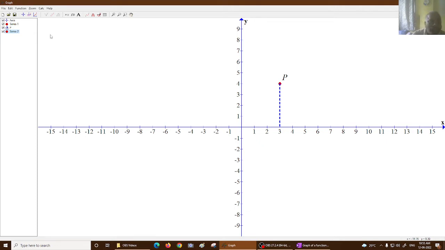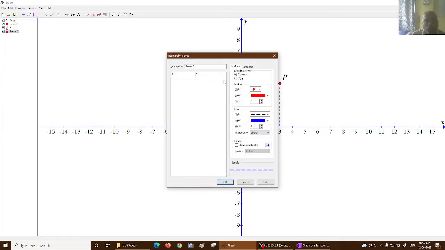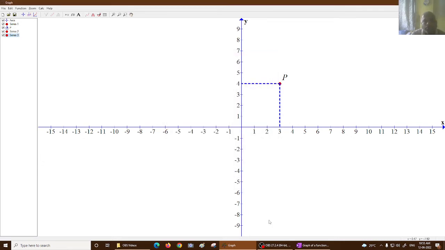Similarly, you can draw a perpendicular on the y-axis also. Where is it meeting? It is meeting the y-axis at the point 4. So the coordinates of this point are 3 and 4. Similarly, you may consider different points.